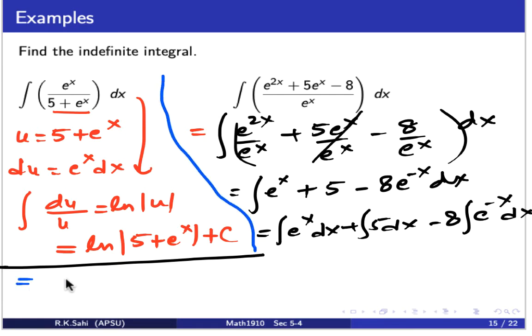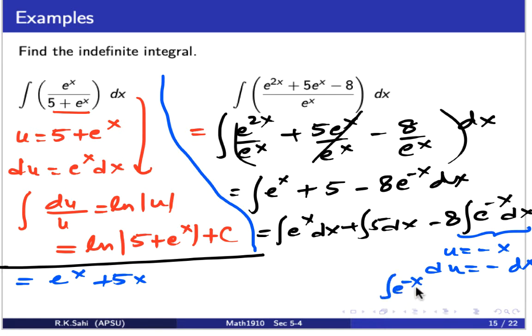So this is e to the power x plus 5x. Now to do this problem, we will have to do u substitution because it is not the normal e to the power x. You can say, hey, u is minus x, du is minus dx. So, e to the power minus x dx is now minus e to the power u du, which is minus e to the power u.